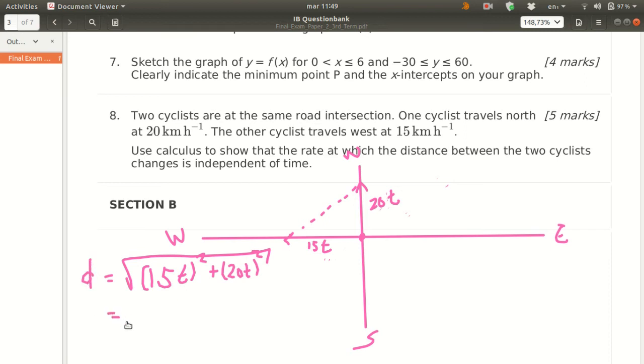So 15 squared, I have no idea. I don't know. So I'm gonna do it like this. The square root of t squared times (15 squared plus 20 squared). So I factored out the t squared. Well, 20 squared is actually not that difficult. Okay, so the square root of t squared is t, and the square root of this, I'm going to do that in the calculator.